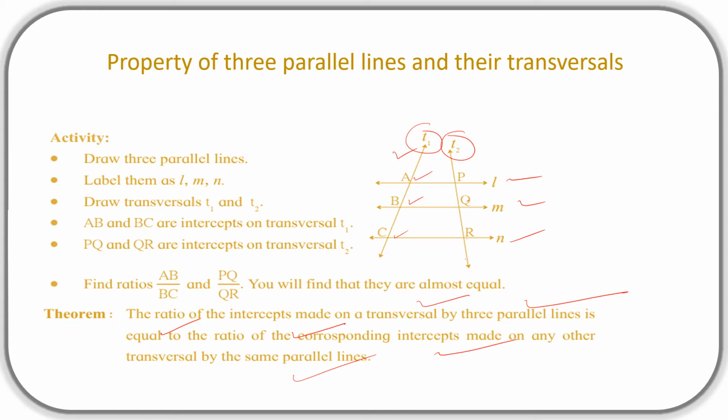That means if you have one more transversal here, extended here, and I write P, Q, R, A, B, C, and S, T here, then PS upon ST will be equal to PQ upon QR, which will be equal to AB upon BC. So that particular ratio is maintained by all such transversals.